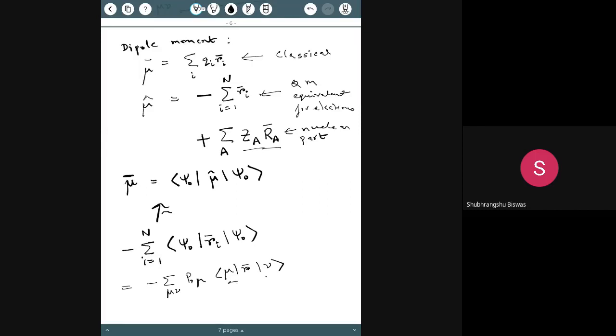Knowing the functional forms of mu and nu, so these are functions, let's say Gaussian or Slater type orbitals, you have to simply numerically evaluate an integral with an r in the middle.